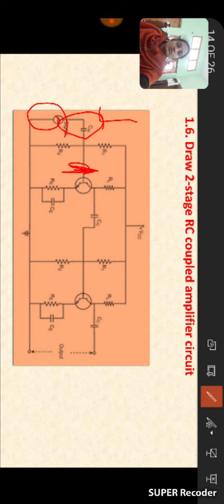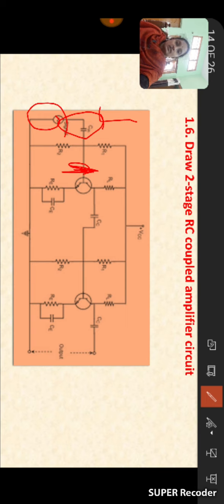It is used to connect the input signal to the base of the transistor, and it allows only the AC signal and blocks the DC signal. This coupling capacitor C in will allow only the AC signal and block the DC signal, and it also provides isolation between the base of the transistor and the input signal.